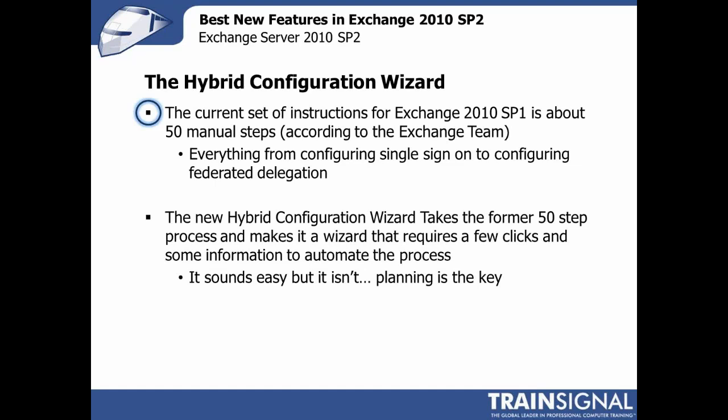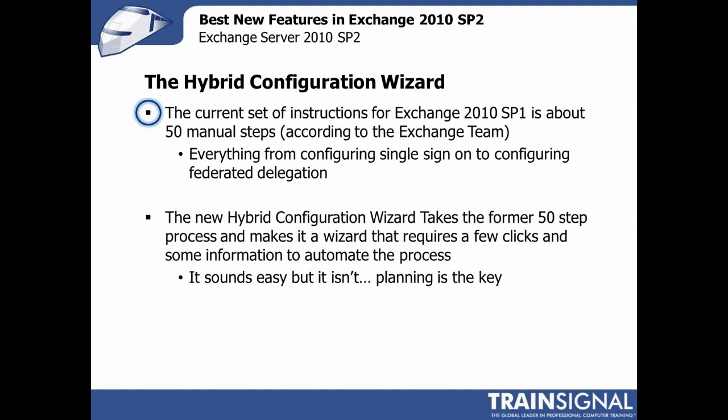And the only unfortunate thing is that currently, and maybe this will change tomorrow, but as of today, the current Deployment Assistant is designed around Exchange 2010 Service Pack 1. So the hybrid configuration part will still show you all of the 50 manual steps that are involved, and it literally will tell you exactly how to do it. So it's a great assistant, it's a great tool from the Exchange team, and we appreciate that.